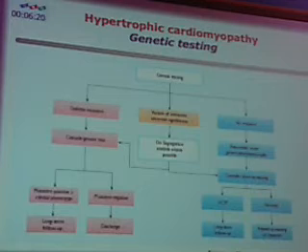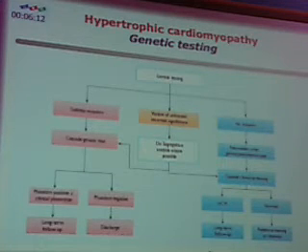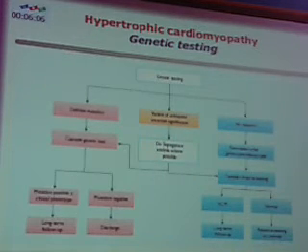Genetic testing is not for all the patients. If you believe that there is a mutation, it's different, and if you believe that there is not any mutation, the algorithmic cascade is a different one.